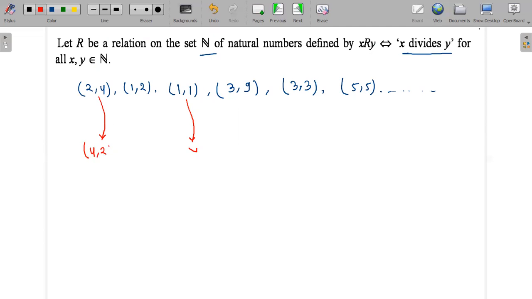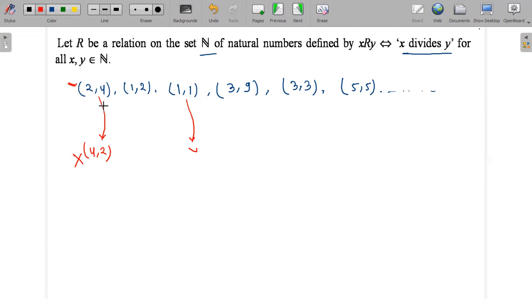But unfortunately I end up getting no 4 comma 2 there. There isn't any 4 which divides 2. So if 4 comma 2 is absent, I have to declare that my relation is anti-symmetric corresponding to element 2 comma 4.